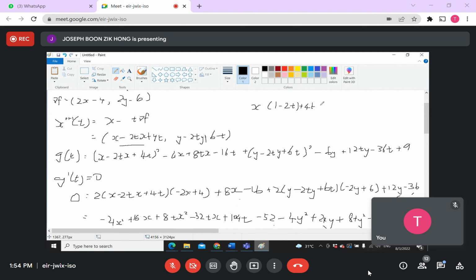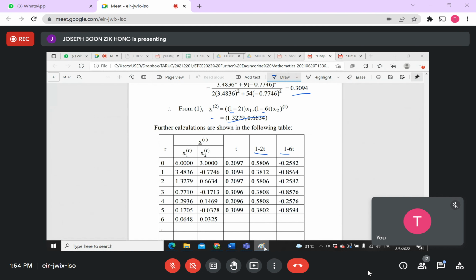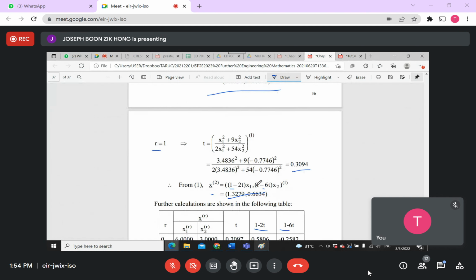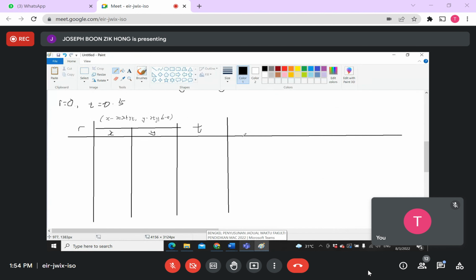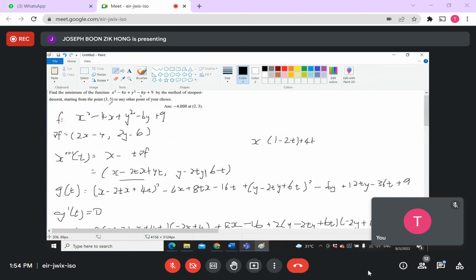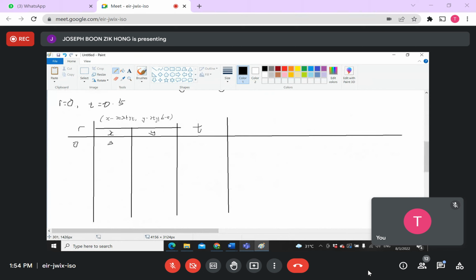No point if I do like this. This one is because they have a complete one. So I think this one I don't need. I just do like this. So when I have 0, I have 3, 5. This one will always be 0.5.